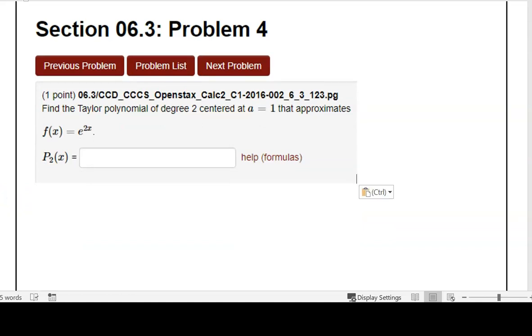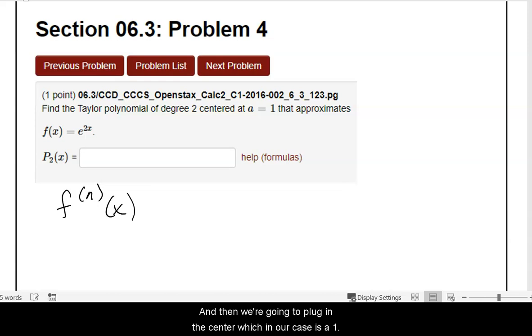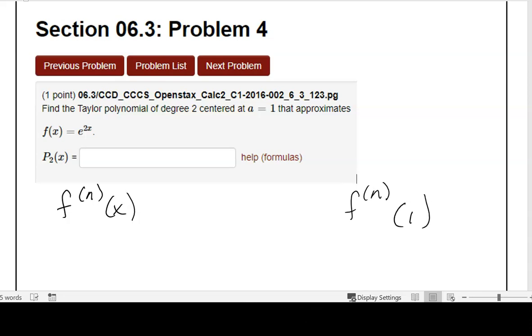It's going to do something kind of different. So again, first we start with the nth derivative of the function, and then we're going to plug in the center, which in our case is a 1. So the zeroth derivative, of course, is just e to the 2x. So that doesn't do anything.